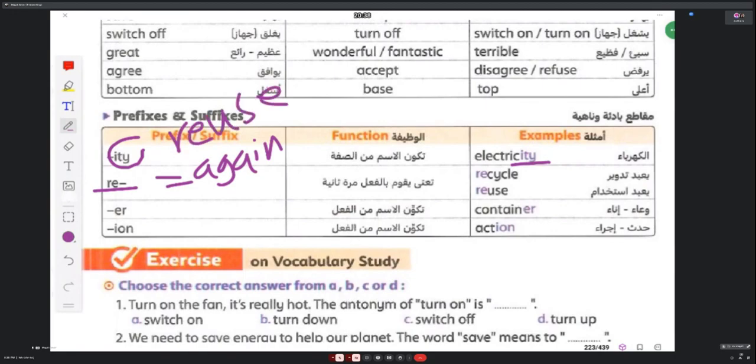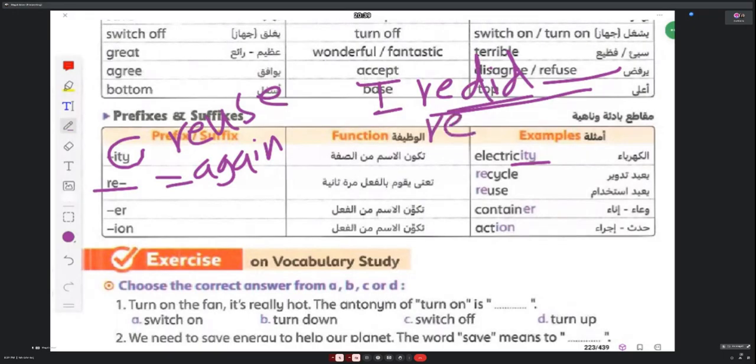We can say I redid my homework. I did my homework once again. I repainted, that means I painted again, and so on. Reuse. Er to give the noun, ion to give the noun.